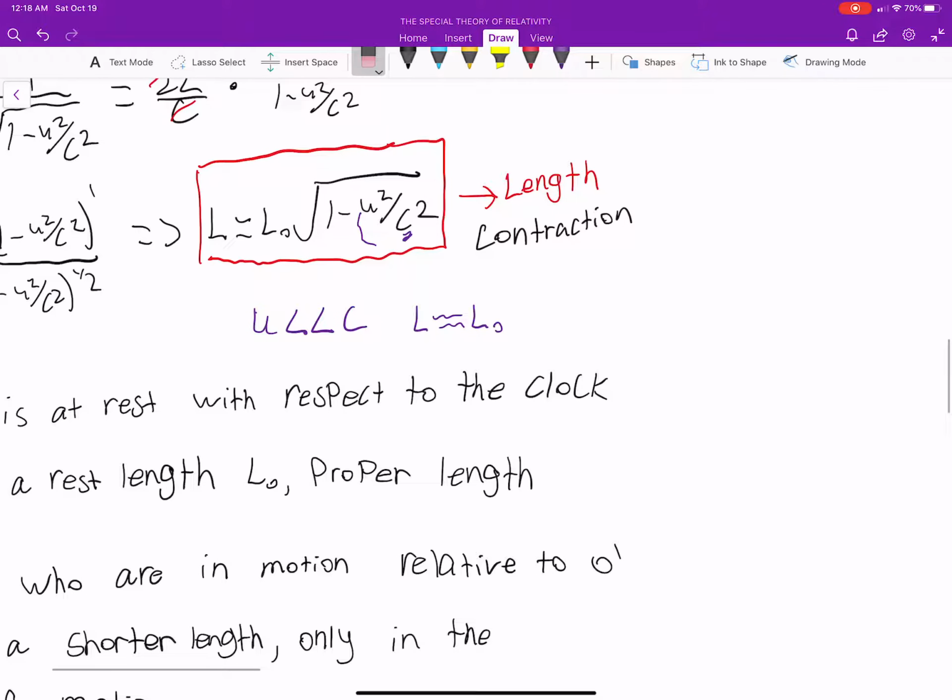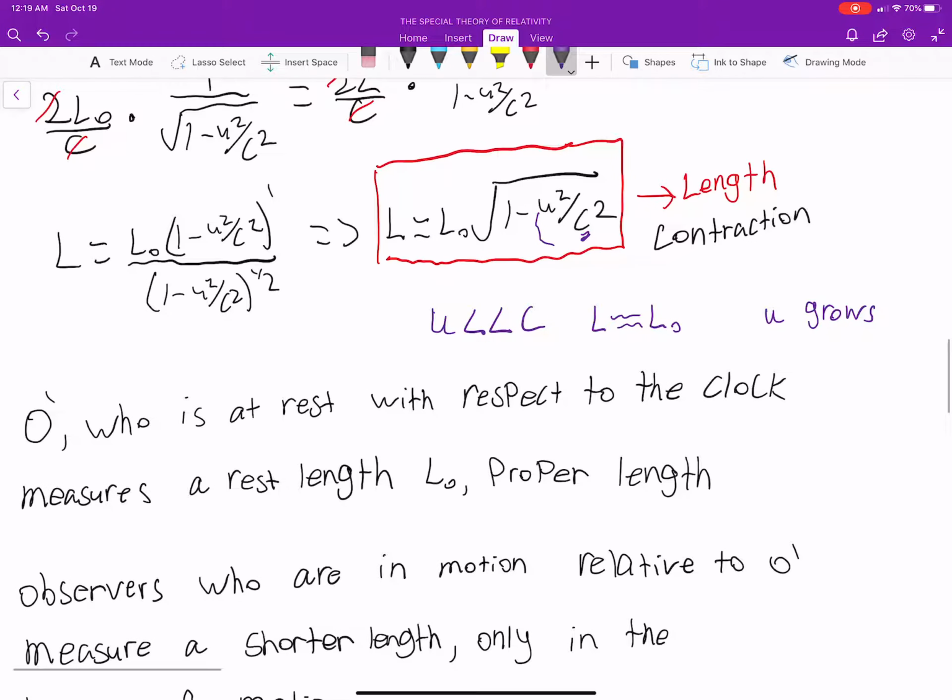Now, when u grows, you start seeing noticeable effects. So even if it's not something we see in day-to-day life, it is something that does exist. You have to be dealing with something going very fast, close to the speed of light to really see it. Otherwise, you're not going to see anything noticeable.